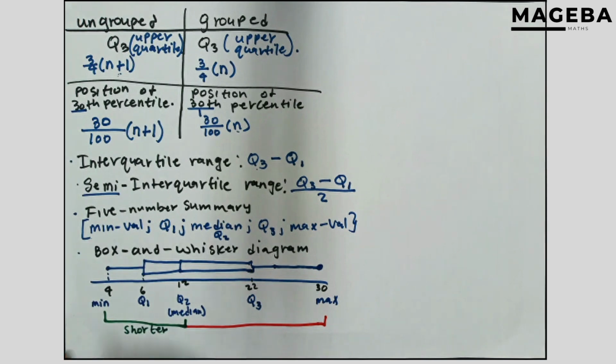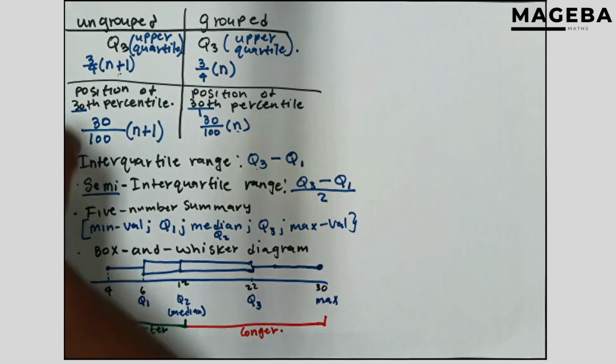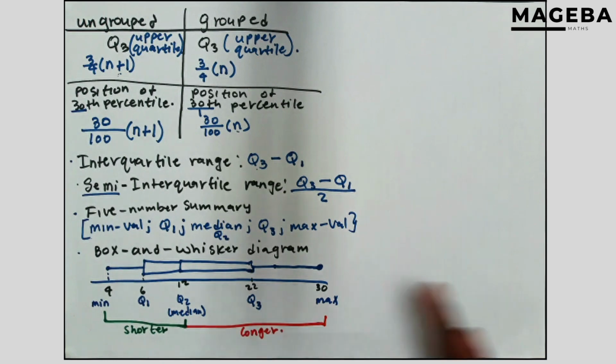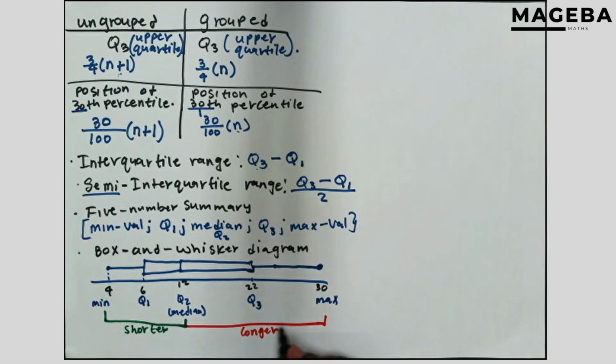This one is shorter, and this one is longer. So analyzing our box and whisker, we can say it is longer on this side, which is our right hand side.